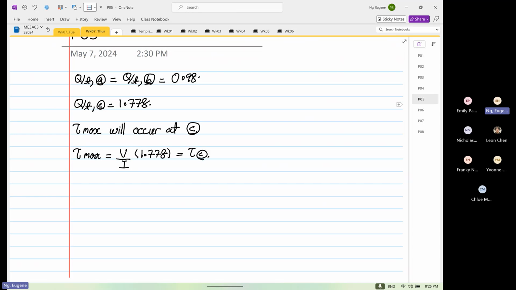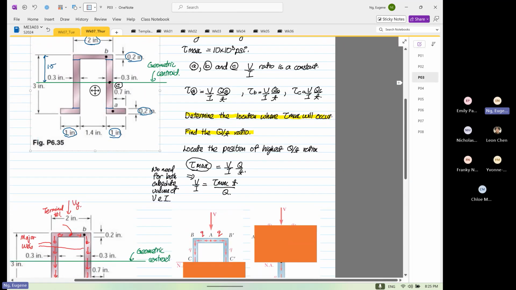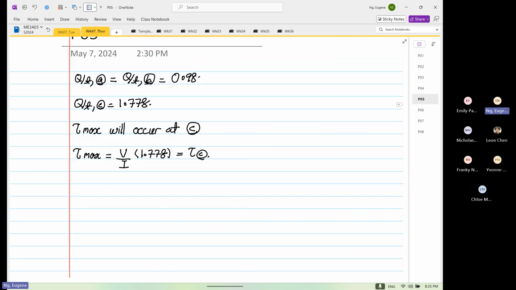Okay, so by looking at our question, we know that tau max is 10 times 10 to the power 3. So we know that our V over I ratio is now 10 to the power 3 divided by 1.778.